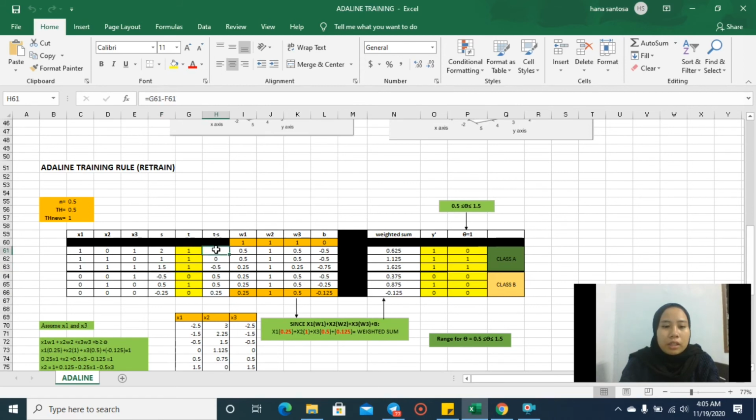This is the value of t minus s, which is the value of y. We got this value, and for w1, w2, w3, and b, we are still using the same values that we assumed, which are 1, 1, 1, 0. This is the new value.